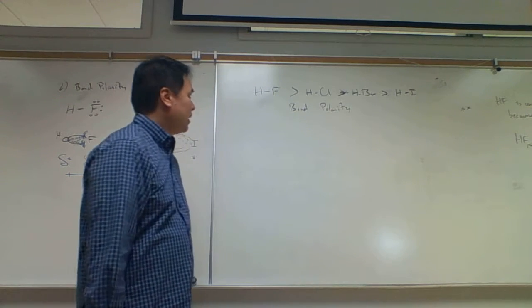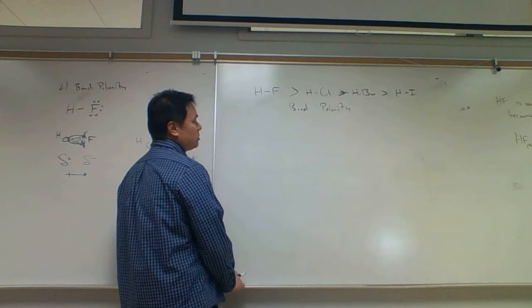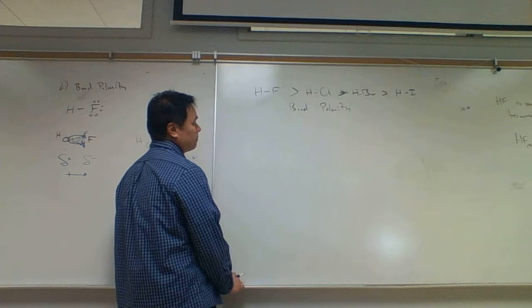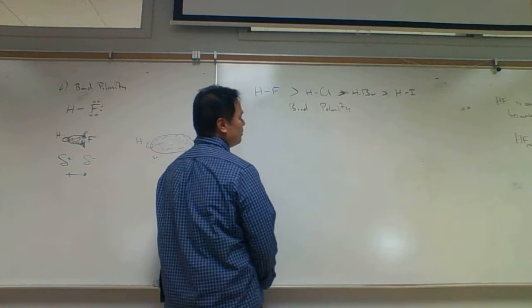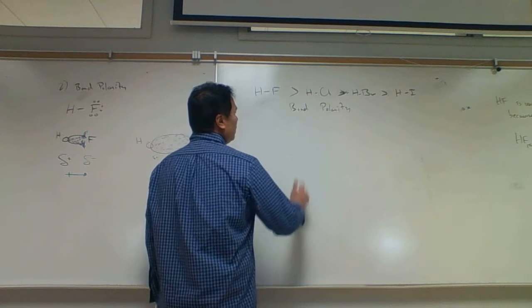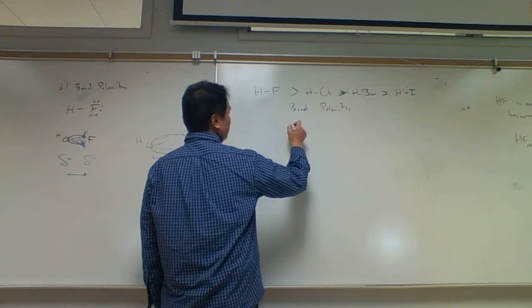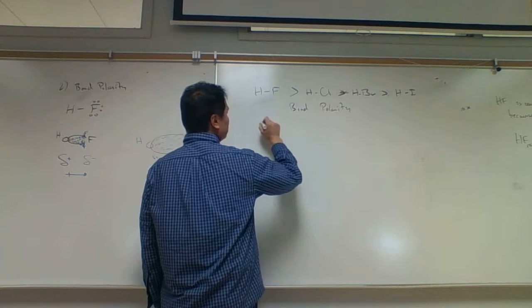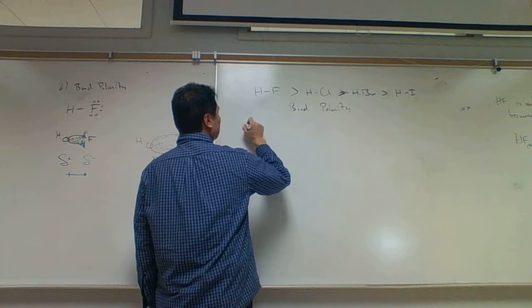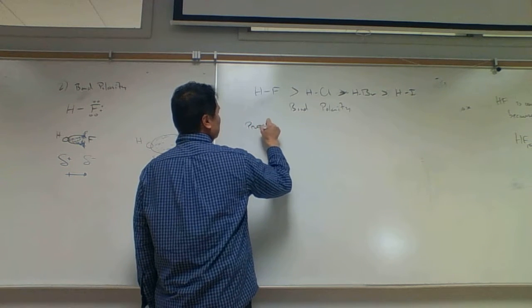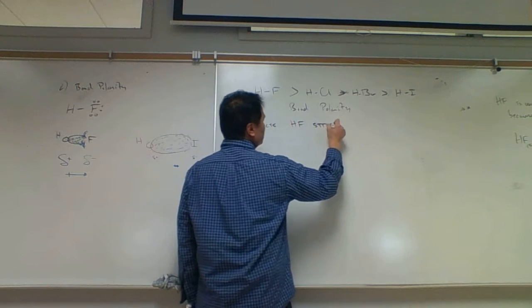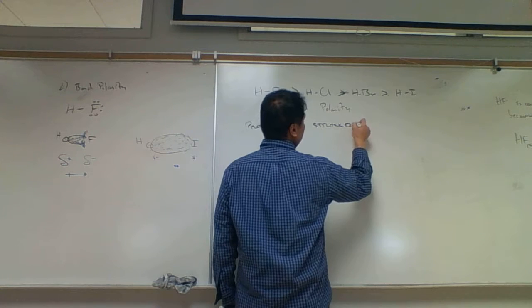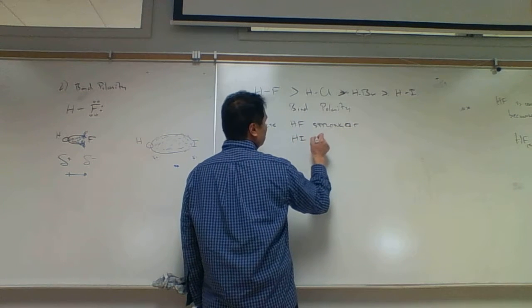Therefore, we would expect HF based on bond polarity to be the strongest acid. But it turns out bond polarity is a secondary effect. And so as far as acid strength goes, bond polarity predicts HF should be the strongest, HI should be the weakest.